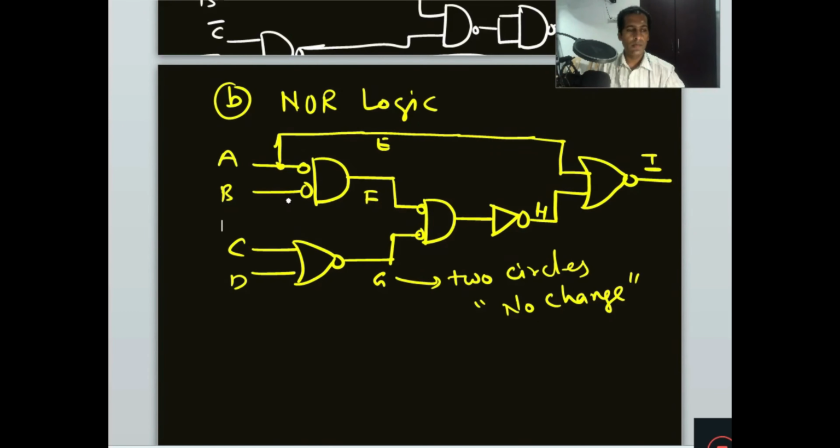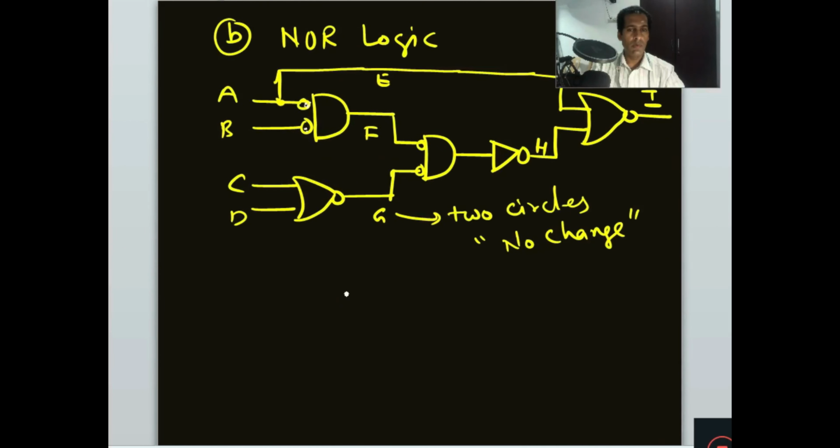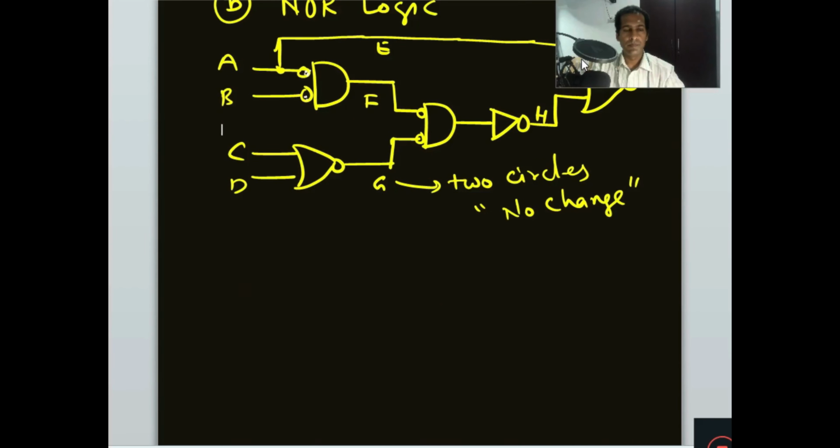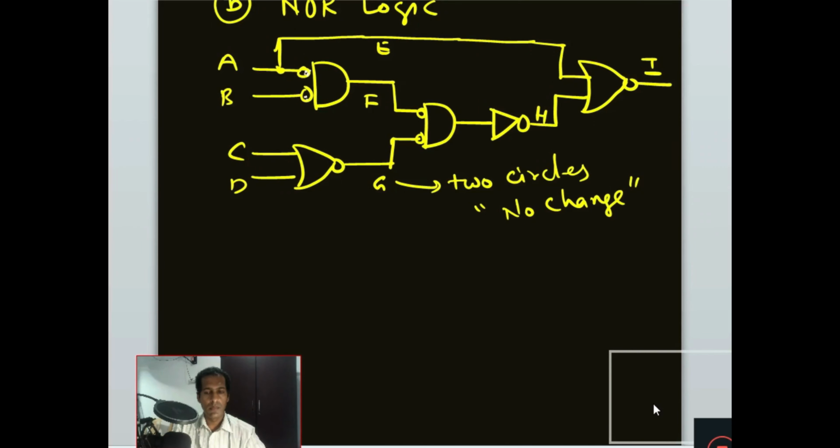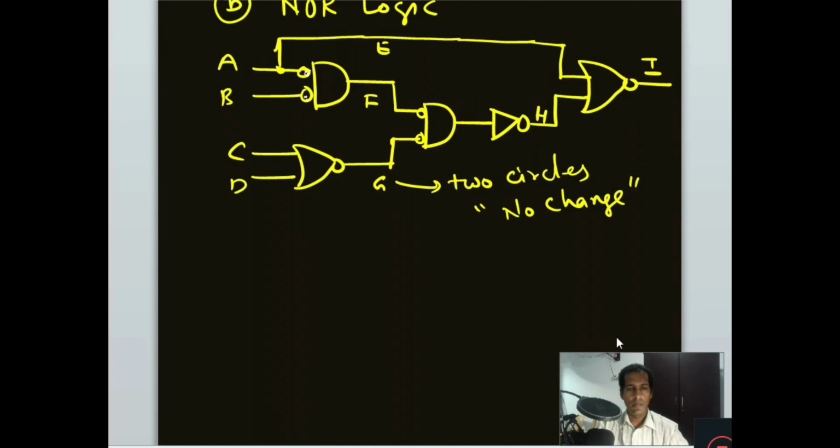So wherever we have added bubbles, we will put an inverter. Here we have two bubbles, so there we will not add the inverter. Say A and B will have inverters.